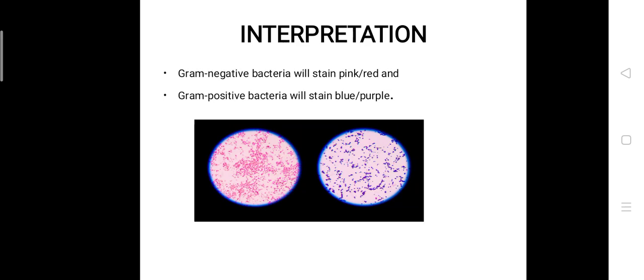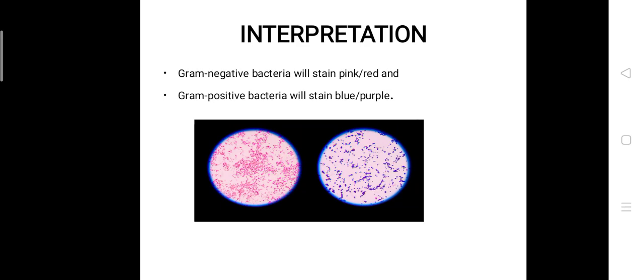I hope you all remember the morphology of the bacteria. Then the presence or number of pus cells, because sometimes pus cells might be present in the gram stain also, so you have to report that. Then the presence of yeast cells and epithelial cells.